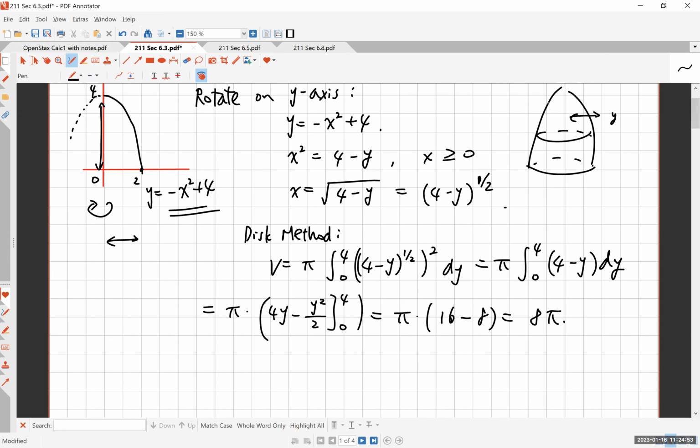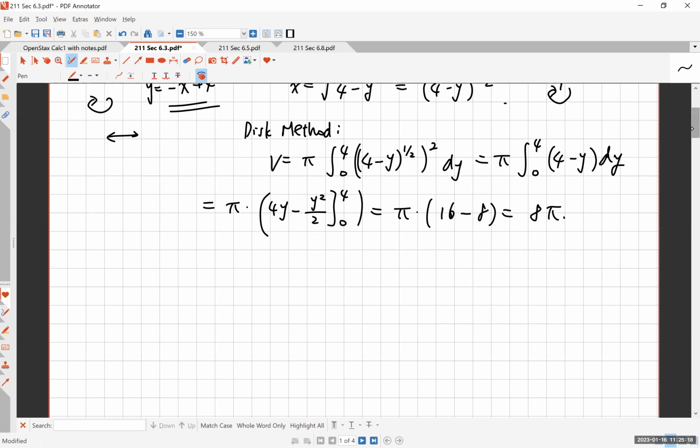We sliced this way, which is basically perpendicular to the axis of rotation, or axis of revolution. In this case it was the y-axis, and we sliced everything so that each slice was perpendicular to that axis. In the shell method, we're going to do something very, very different. So let me go ahead and copy the graph that I had before.